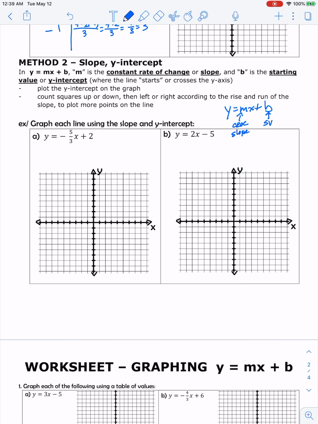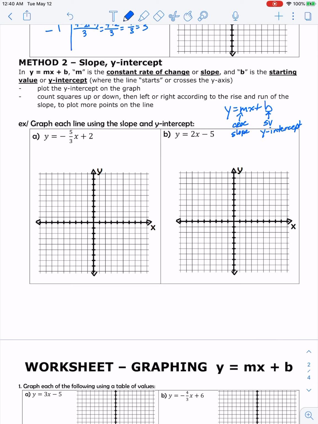Well, that starting value is the starting value on the y-axis, and we talked about a point on an axis being called an intercept. So in analytic geometry, we don't call it the starting value anymore. We now call it the y-intercept.